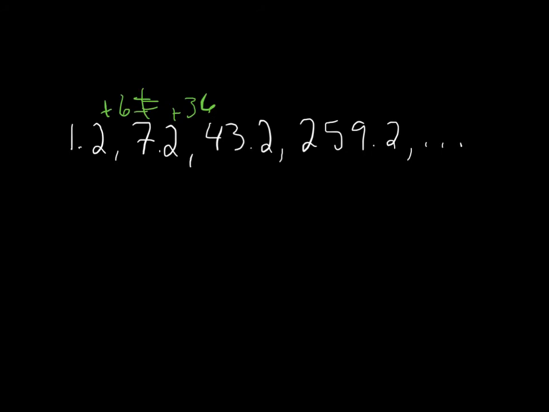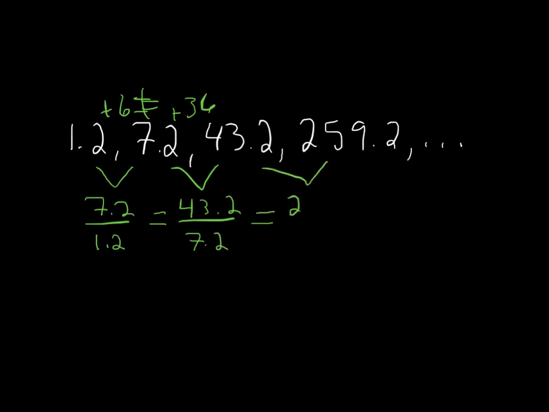Now the way that we could test this and make sure that it is, if we take the second term and divide it by the first, so 7.2 over 1.2, we should get a ratio that is common throughout the sequence. So we go down the line. So 43.2 divided by its previous term, which now is 7.2, should equal 259.2 divided by its previous term, 43.2.